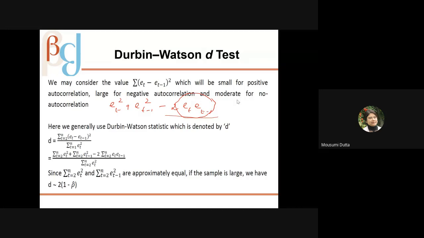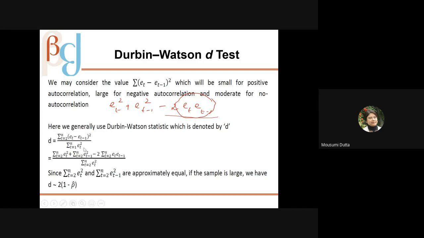Now, what is D? D is equal to summation of E t minus 1 whole square, this thing, divided by summation E t square. So Durbin developed this statistic to detect autocorrelation. E t he is using as the reference period.